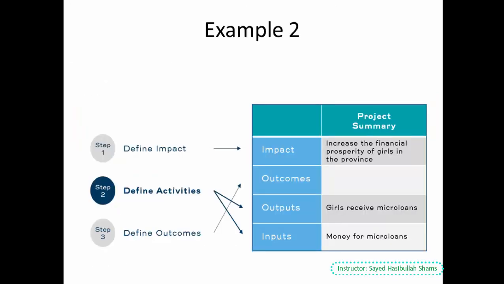And finally, we have outcome. Outcome is the linkage between activities and impact. It means if the outcome was satisfactory, then we take part in the impact and we work for impact.